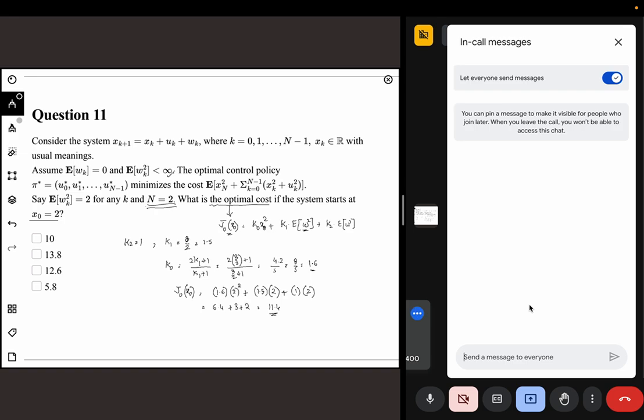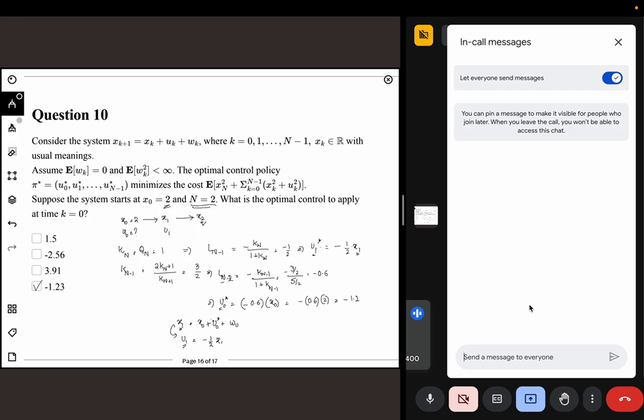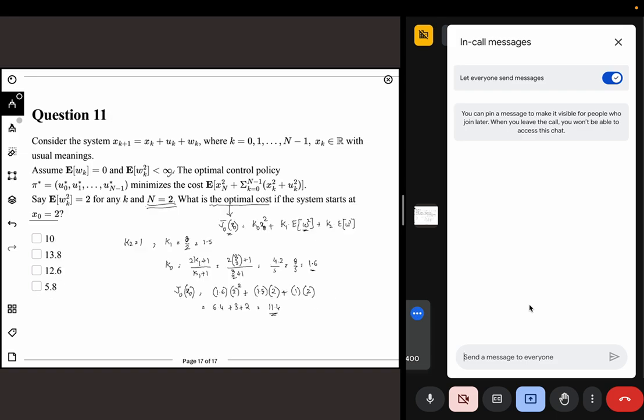K2 is 1, K1 is 3 by 2, and K0 is 1.5 plus 1, 2.5, 1.6.